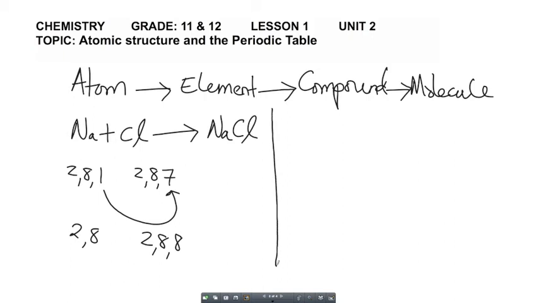I'll use a reaction between 2 atoms of hydrogen. So considering hydrogen, we can write H plus another H. So this yields H2.